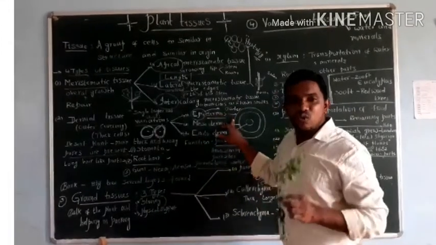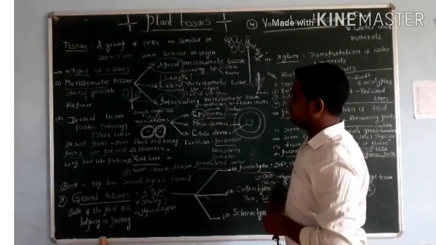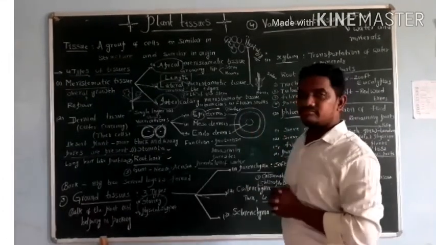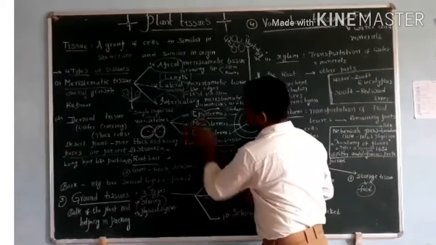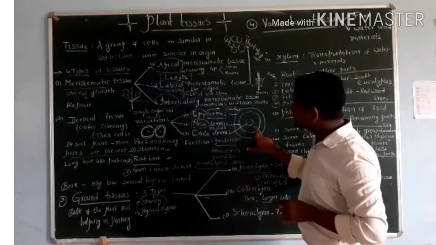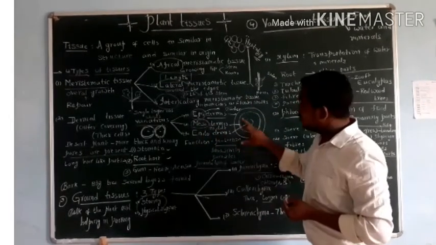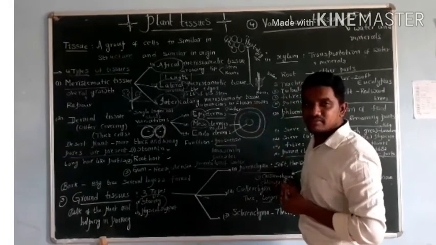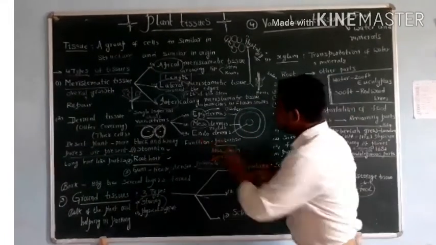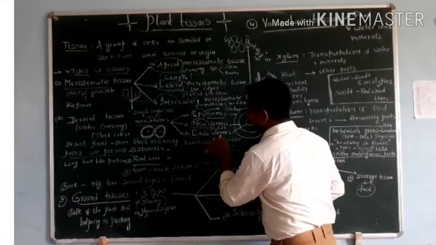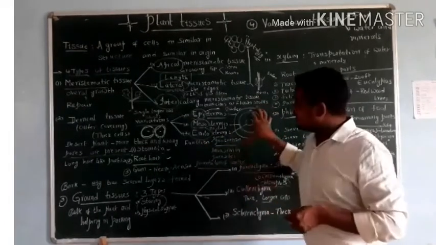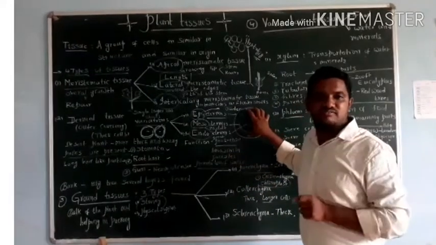The outer membrane is called epidermis. Meso means middle, so the middle membrane is called mesodermis. Endo means inner, so the inner membrane is called endodermis. These are variations in dermal tissues.